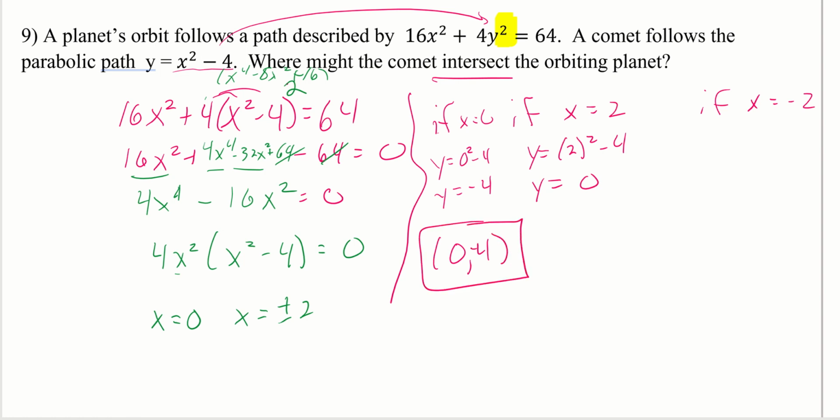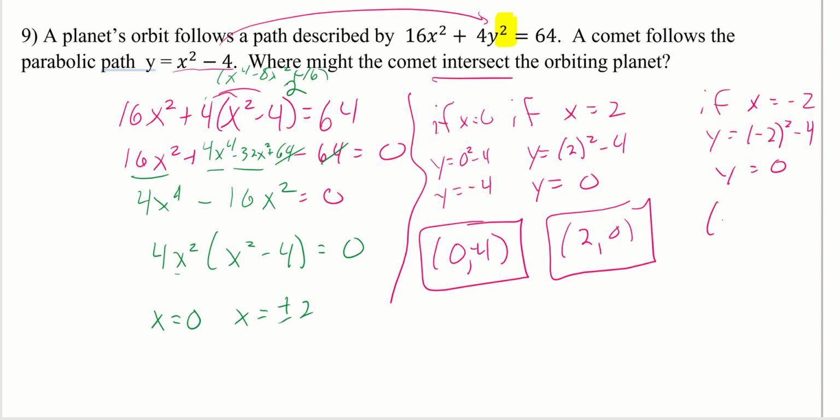That's where they could intersect. Another one could be 2, 0. That could intersect. And then this last one, if you kind of remember back to another problem we had similar to this, whenever it's squared, you're going to find out that they come out to be the same thing. So this one would be what, negative 2, 0.